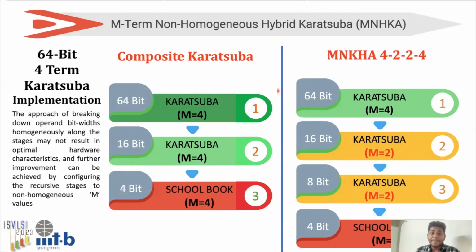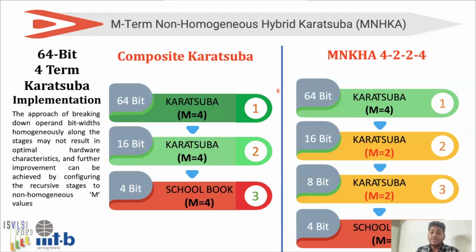Now let's see the proposed M-term non-homogeneous hybrid Karatsuba multiplier. It is an improvement to the CMKA multiplier, which is the current state of art. The approach of breaking down the operand size homogeneously along the stages may not result in optimal hardware characteristics for CMKA.